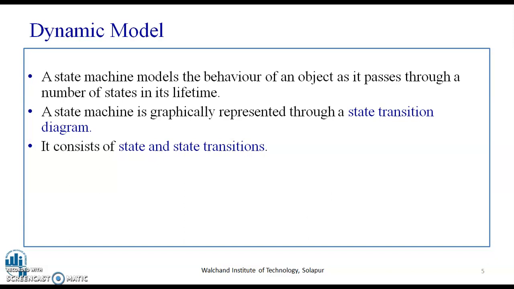The main purpose of dynamic modeling is to show the state machine model, that is the behavior of an object as it passes through a number of states in its lifetime. The state machine is graphically represented through a state transition diagram, and the state transition diagram consists of the state and the state transition. Now we will explore each of these notations.